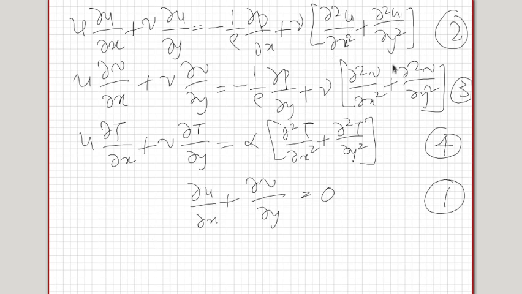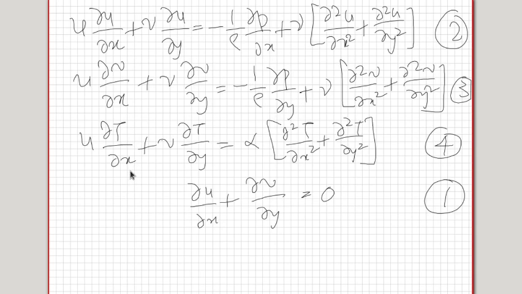Again, otherwise this is U and this is V. So this equation is entirely in U, this is entirely in V, and this is entirely in T, other than this U and V which are there in the advection term, and this nu and this alpha in the energy equation. So otherwise the equations have very similar forms, and if the ∂P/∂x or ∂P/∂y term were to drop out, then these 3 equations would look identical, right? So that is the interesting observation that we have.